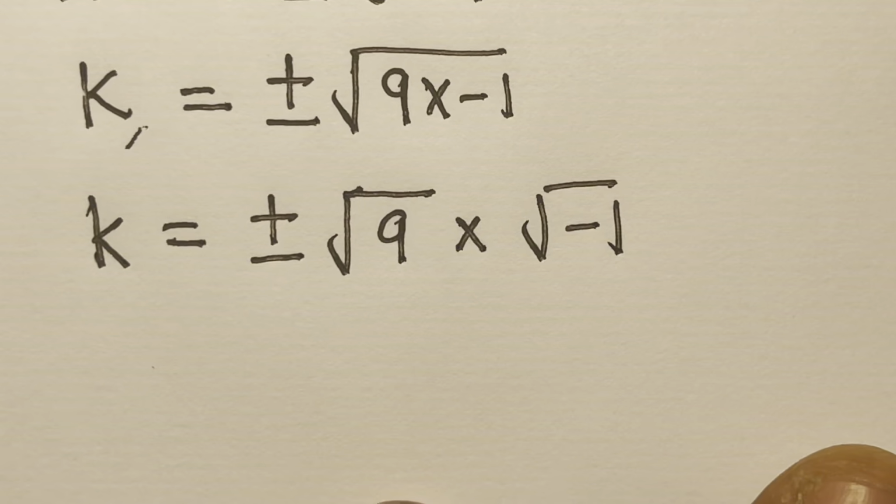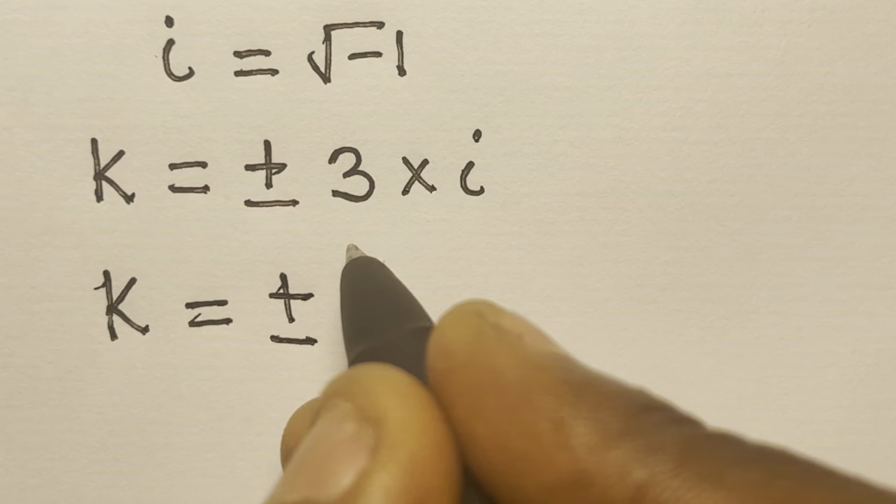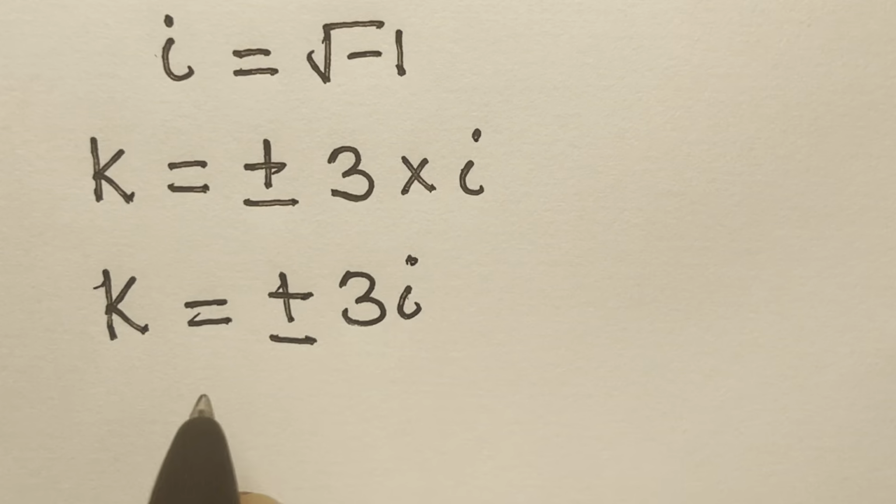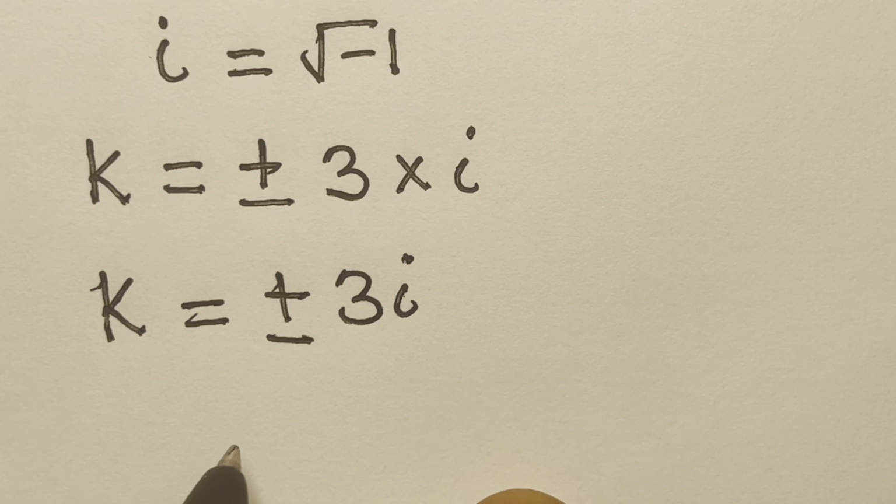Multiplied by our square root of minus 1, which is I. So if you multiply 3 times I, we will have k equals plus or minus 3i. Okay, so let's take this. So here you can just say that our k1 equals 3i and our k2 is equal to minus 3i, right?